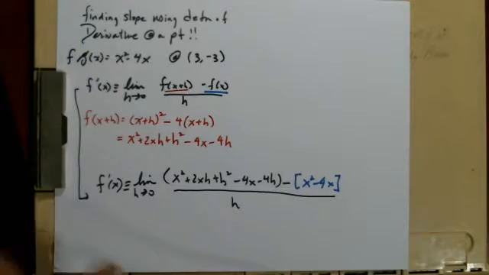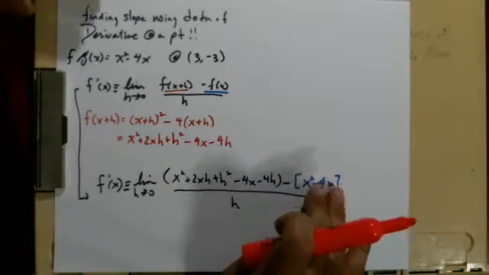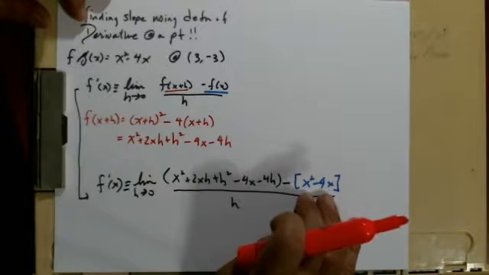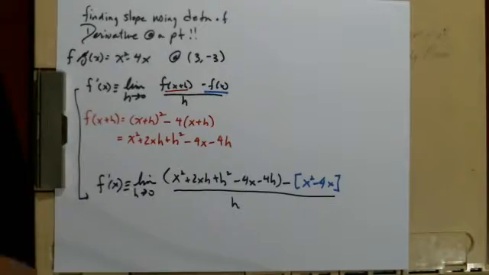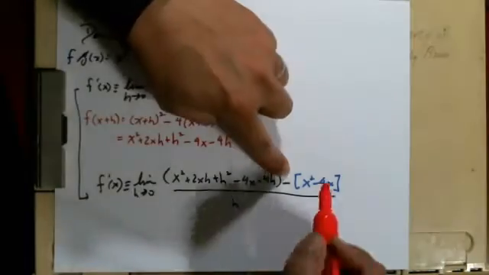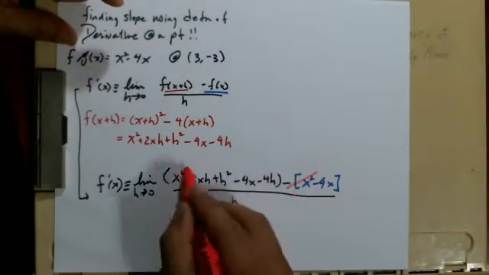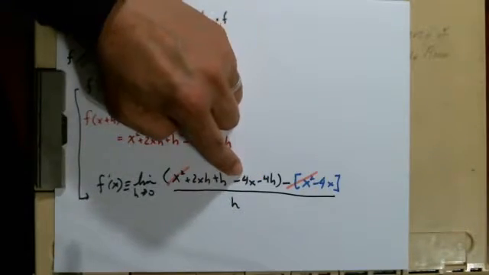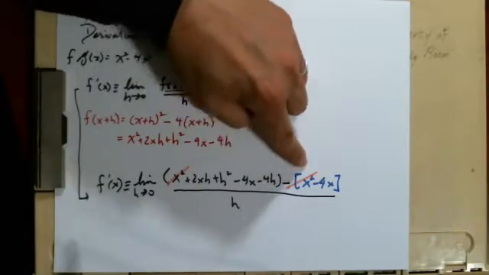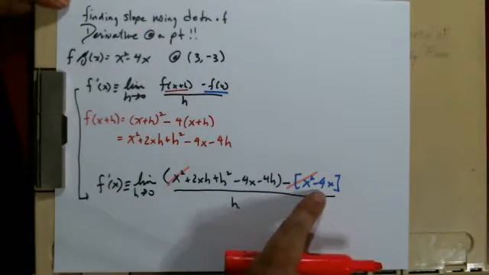What you're going to notice is, I'm going to use a highlighter, all or most of this portion will cancel out with the f of x plus h. x squared minus x squared cancels out right there. Plus 4, minus 4x plus 4x, because a minus and a minus is plus.